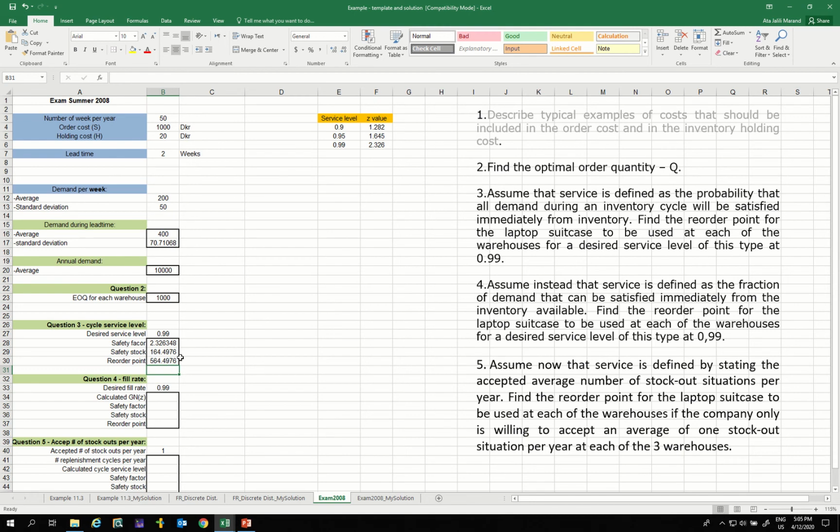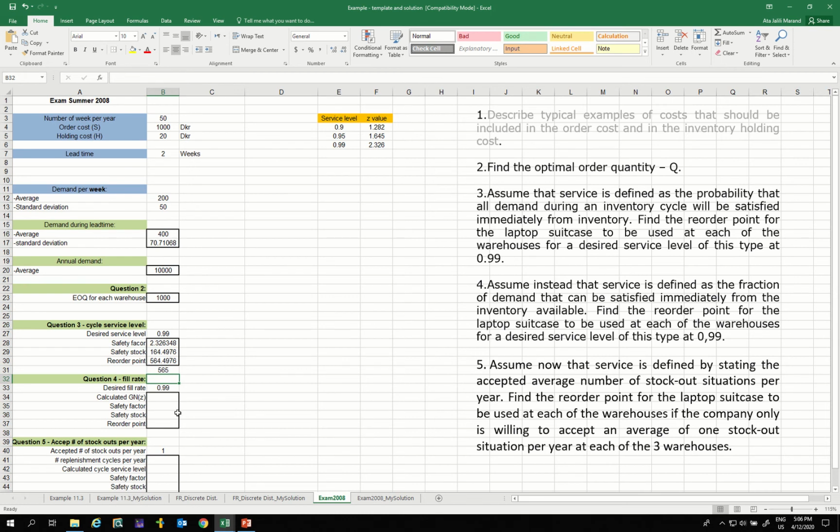So 565. Yes, I'm going to round it up. So 565 is the reorder point.